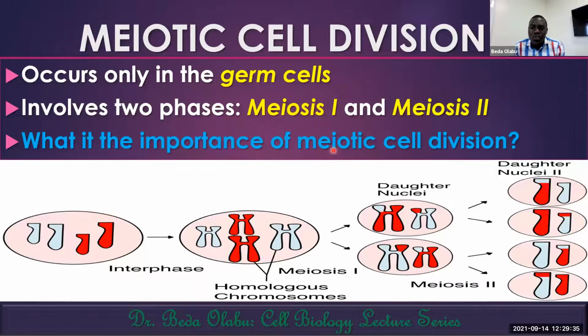In meiosis, the four daughter cells are not genetically identical because there's some crossing over of genetic material during meiosis. And because of that, we'll have genetic variations. So that is meiotic cell division. You need to distinguish it from mitotic cell division.